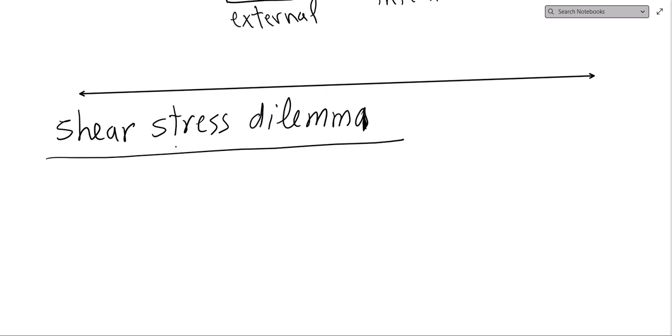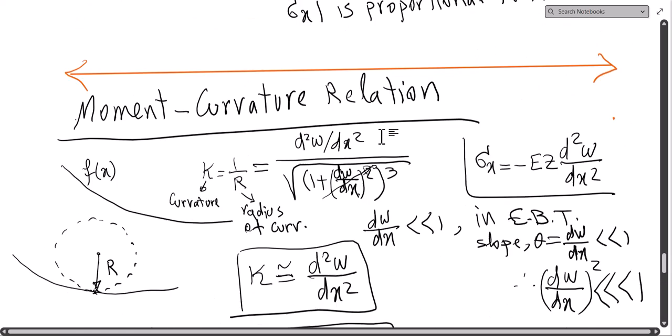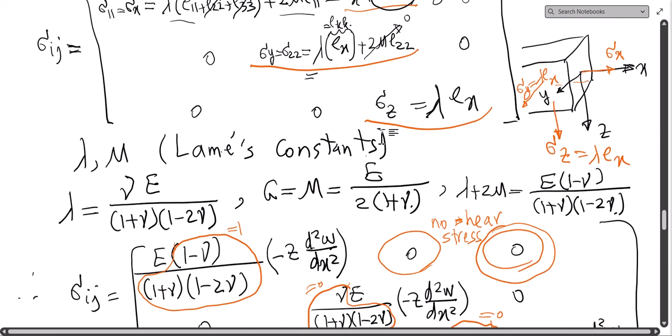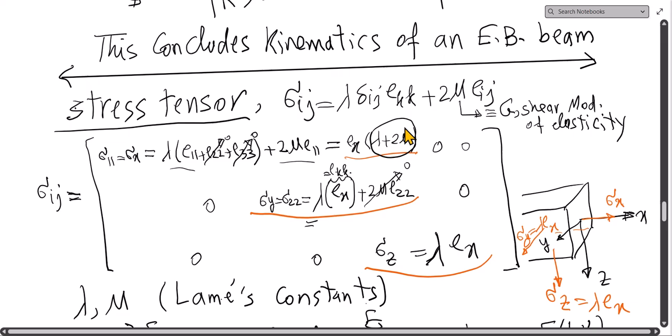in addition to the moment-curvature relation, Euler-Bernoulli beam theory is not complete if we don't talk about the shear stress dilemma, or shear strain dilemma. As you saw before, according to our kinematics map, we don't have shear stress as a result of vanishing shear strain.